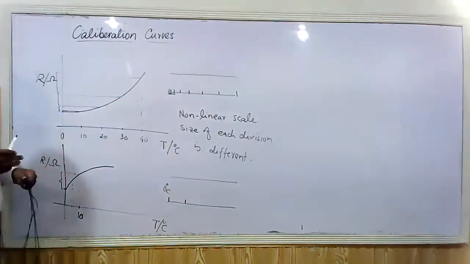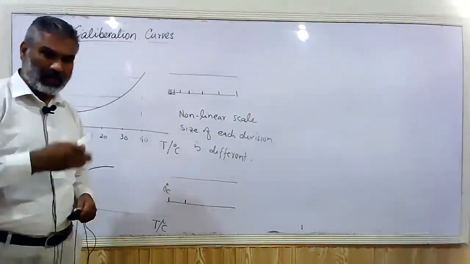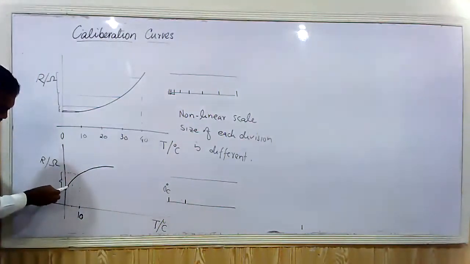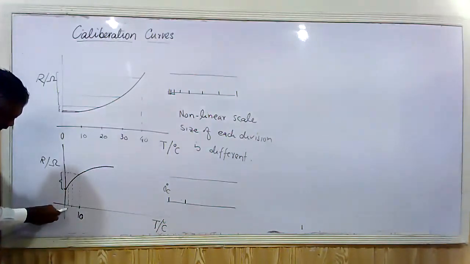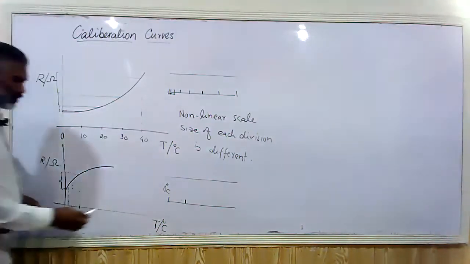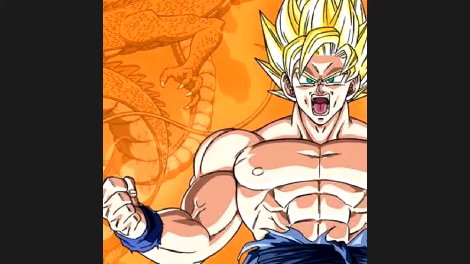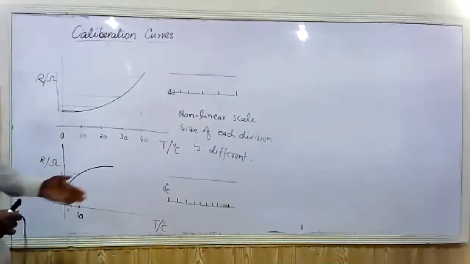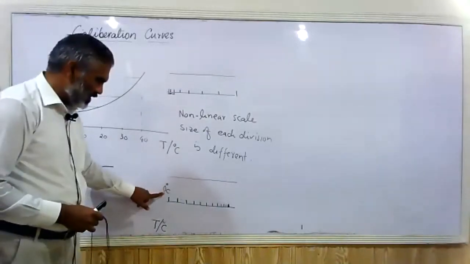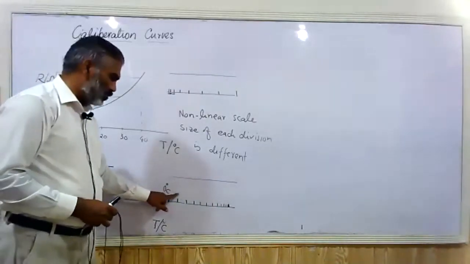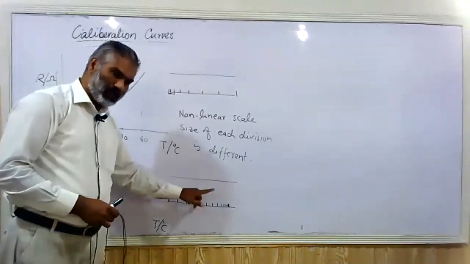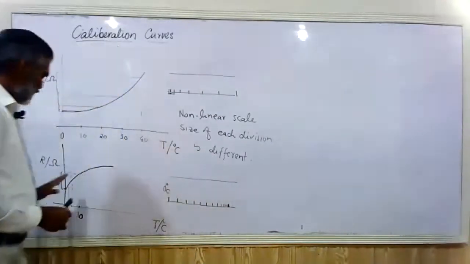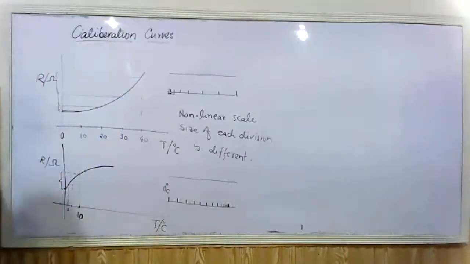That gives us a better size of the divisions, and it could be even better if we make it for 2, let's say. This could be the scale. It will look like this. So at 0 degrees Celsius to, let's say, 2 degrees, then to 4, then to 6, then to 8, the size of the division will go on becoming smaller.